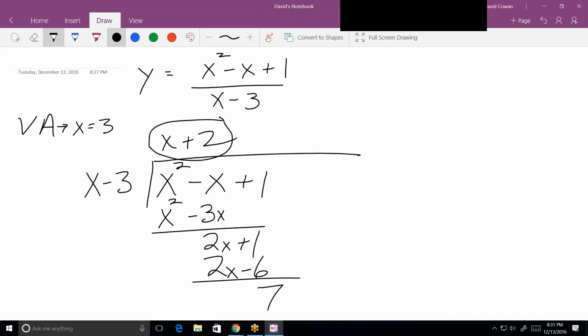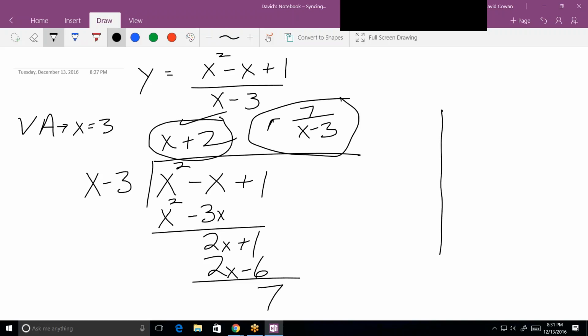So my remainder is 7 divided by x minus 3, but that has nothing to do with the oblique asymptote. It's only the quotient. So as soon as you get a linear quotient, that's the equation of your asymptote.